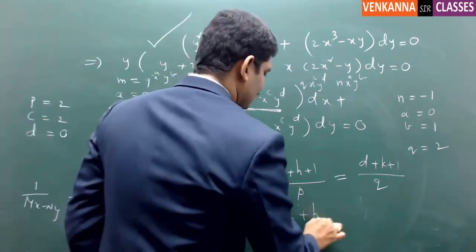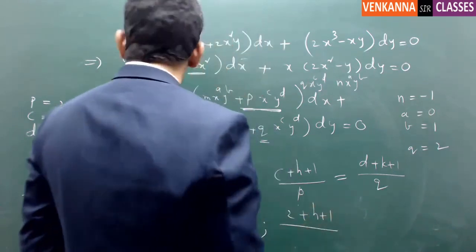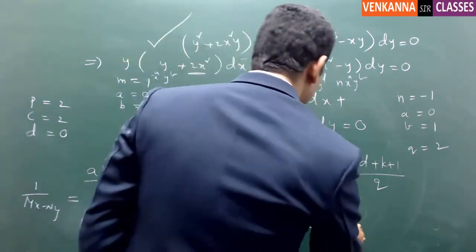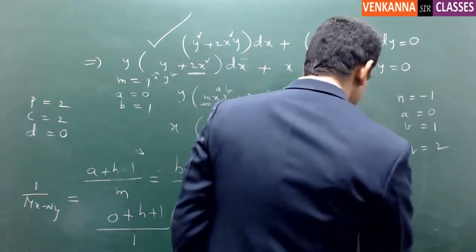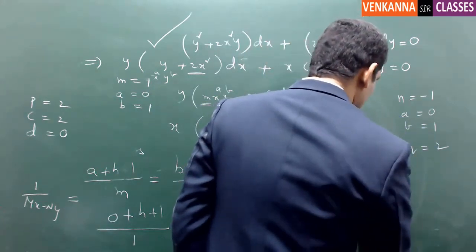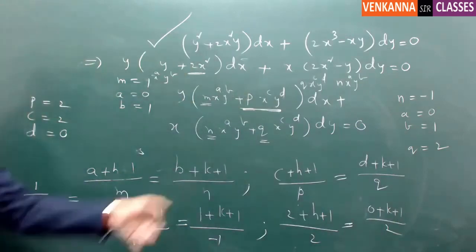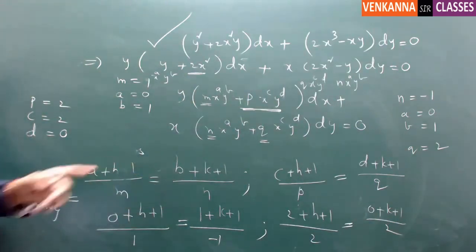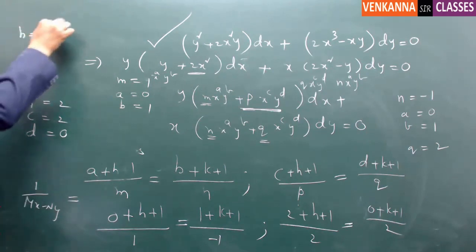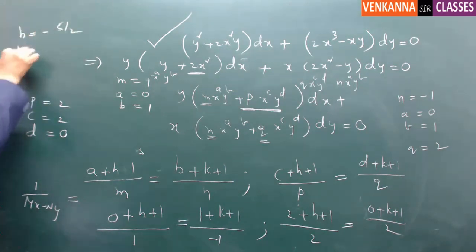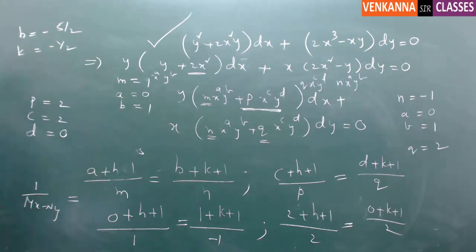So 2 plus h plus 1 by p. What is p value? It is 2. D plus k plus 1. D value is 0. And q value is 2. So you cross multiply the values, solve h and k. Yes. So h is equal to minus 5 by 2. K is equal to minus 1 by 2. So everyone can check that, the values.